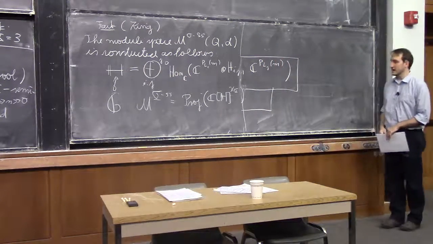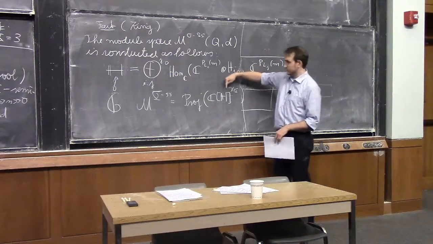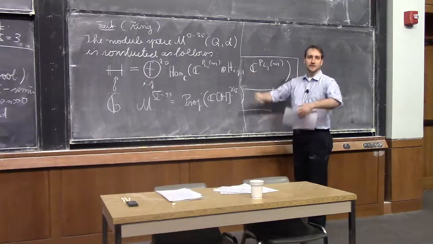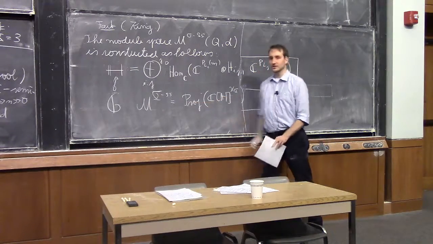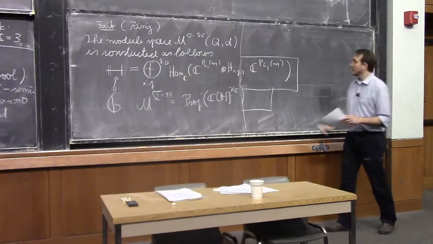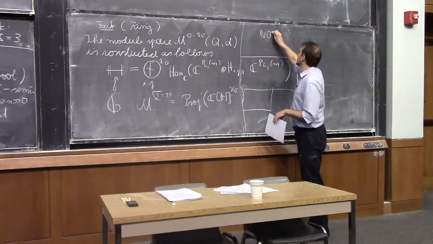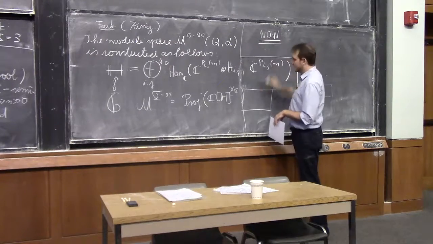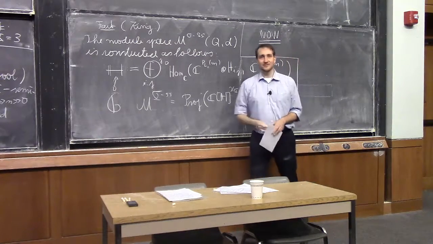So sigma gives you a character, you look at all the functions that transform correctly. That's a finitely generated algebra, you do the Proj, and that's the moduli space for quiver representations. And now we're done. And this is for sigma rational.